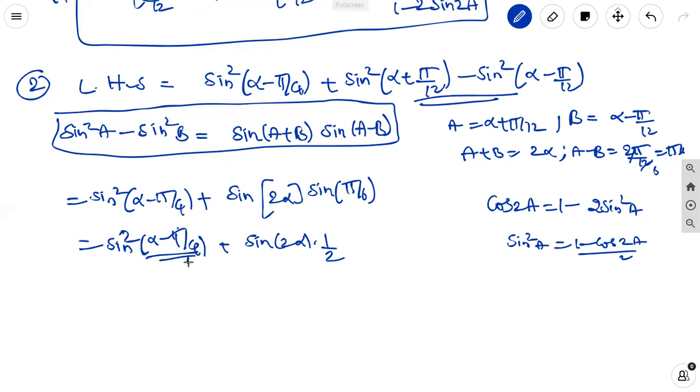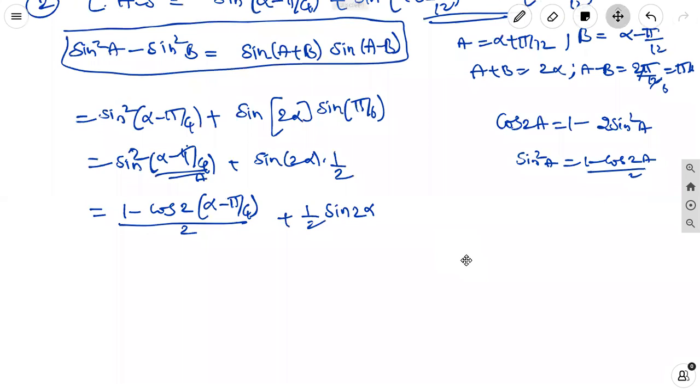Here it is the A. It is equal to 1 minus cos 2 of alpha minus pi by 4, whole by 2, plus 1 by 2 sine 2 alpha.